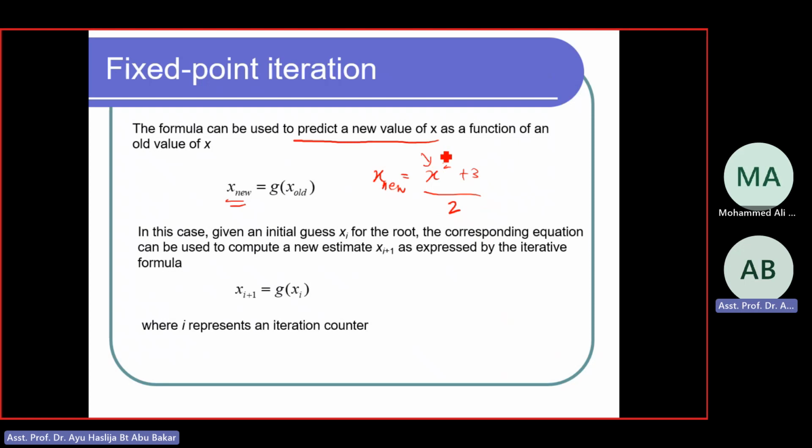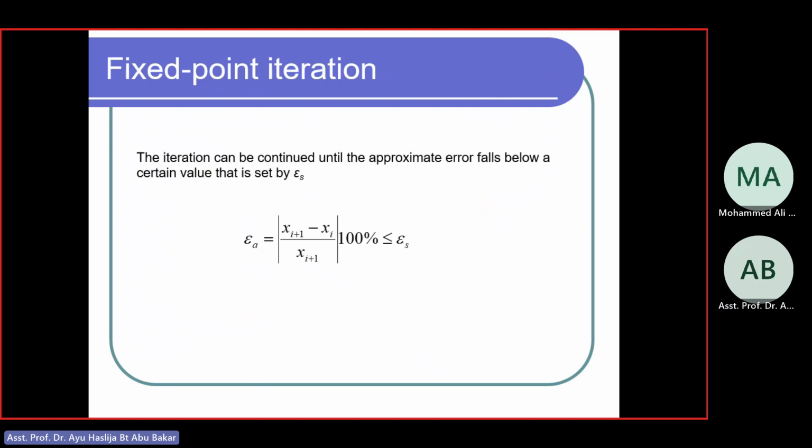This x is the old value. x old means x previous, because you will need to do iteration for this method as well. You can use either x new or x_i+1, either term. We need to find the new value of x using the previous value of x.